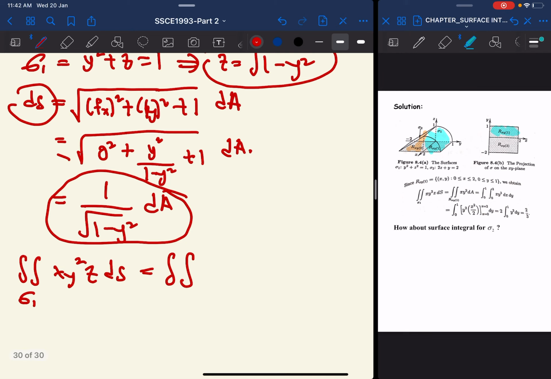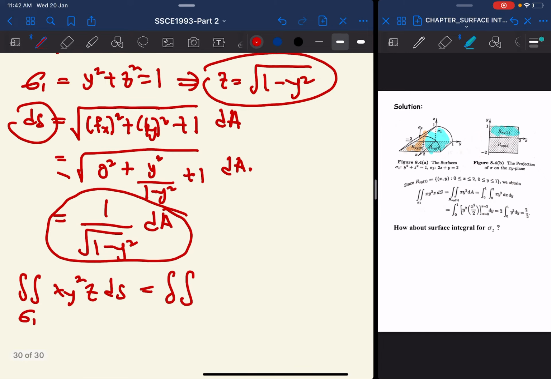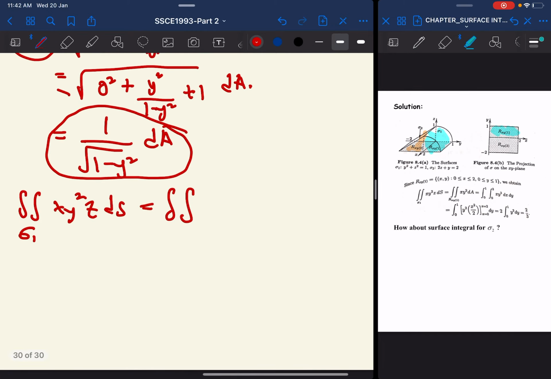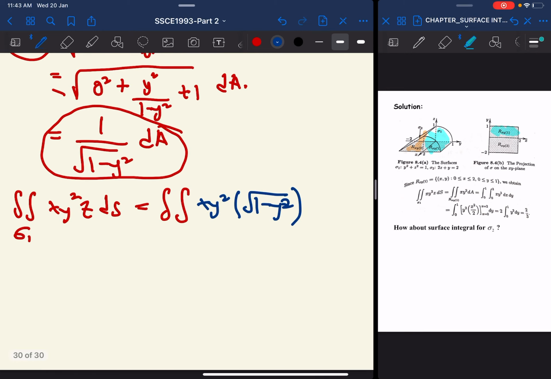Our z is the square root of 1 minus y squared, and our dS is 1 over the square root of 1 minus y squared, dA. This one cancels out with that one, so you will get x y squared dA.